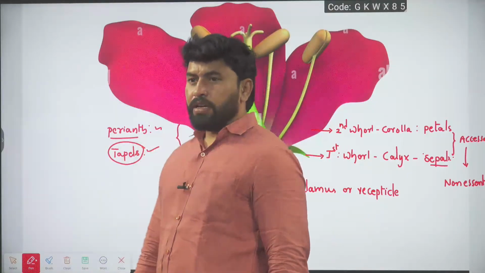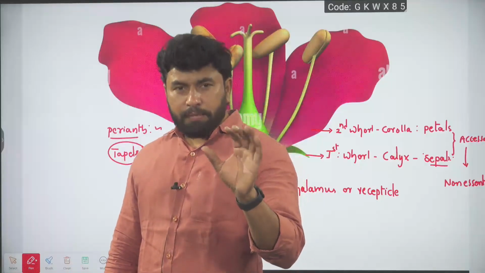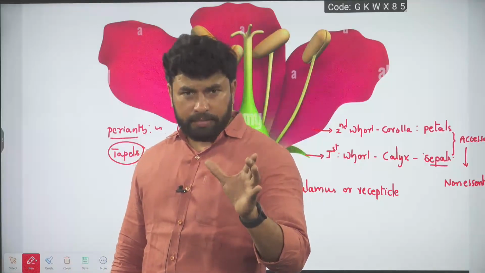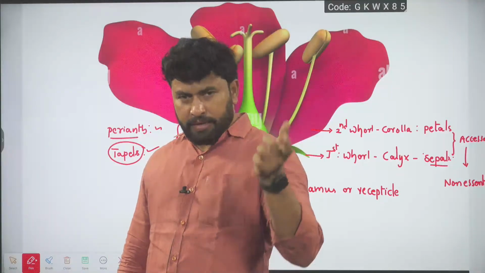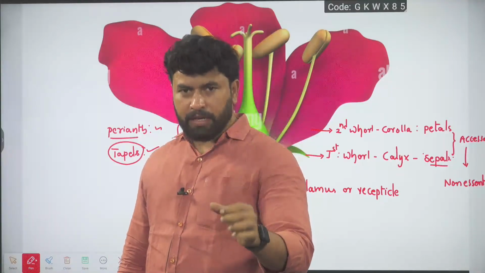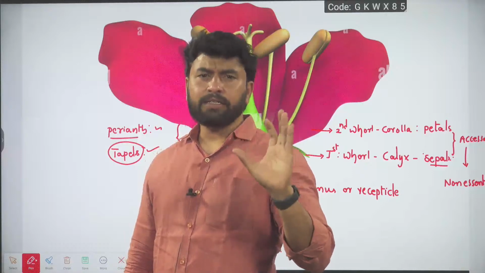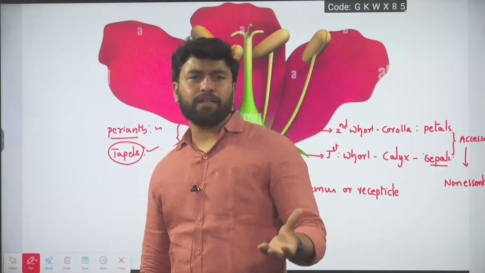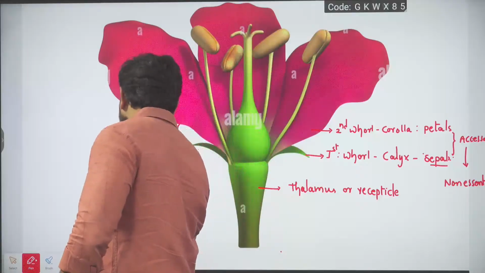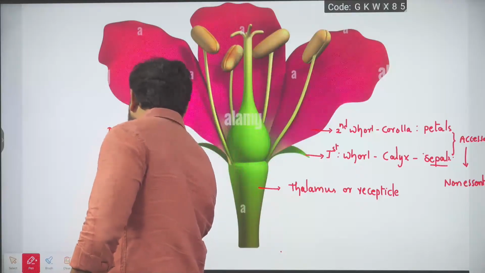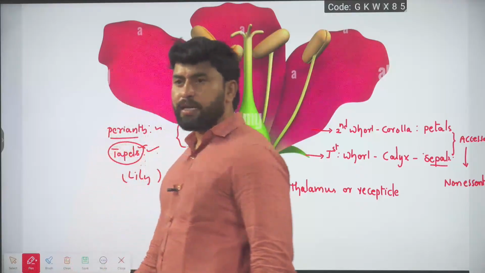Clear? Tepals are members of the perianth, sepals are members of the calyx, petals are members of the corolla. The best example of members having a perianth or tepals is Liliaceae. In lily, we see these tepals.